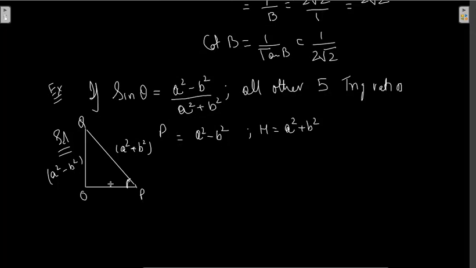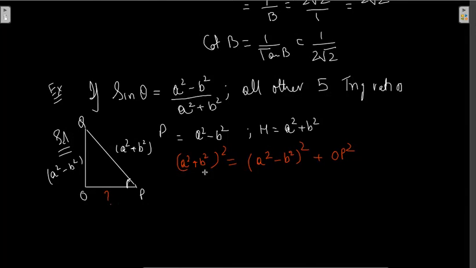To find the base, we'll again use the Pythagorean theorem: (a square plus b square) whole square is equal to the square of (a square minus b square) plus the square of OP, which is our base. This is what we are trying to find first.